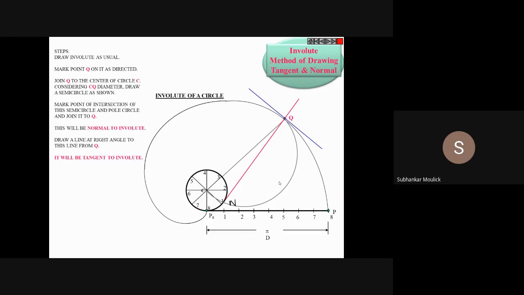If you name this line P double dash, P triple dash, then P double dash P triple dash is the tangent to this involute curve at point Q, and NQ is the normal to this involute curve at point Q, and the angle between the tangent and normal is 90 degrees. Is it clear to all of you?